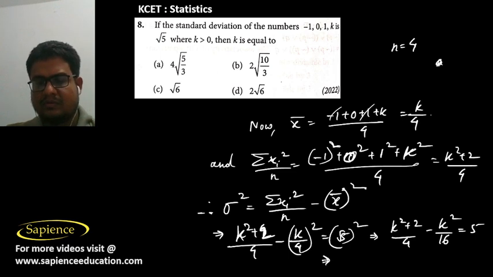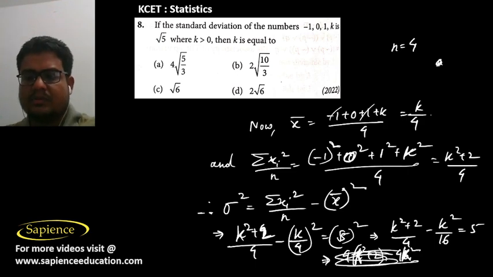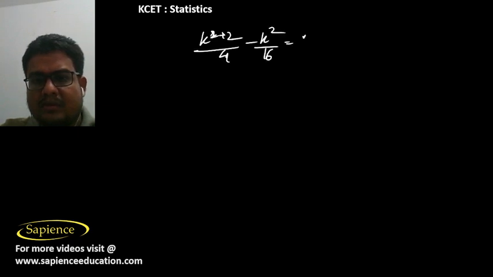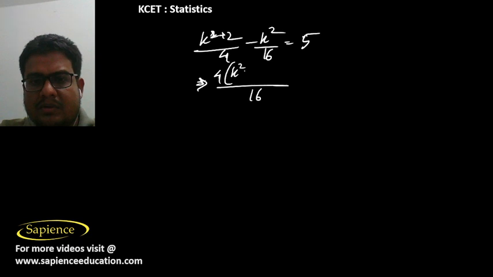Therefore, if you take the LCM, this will be 16, and 4 into k square plus 2 minus k square, that is equal to 5.